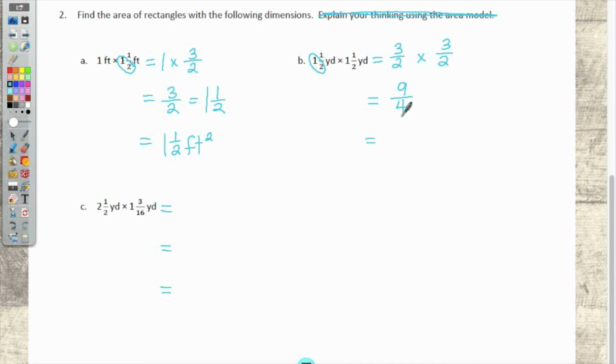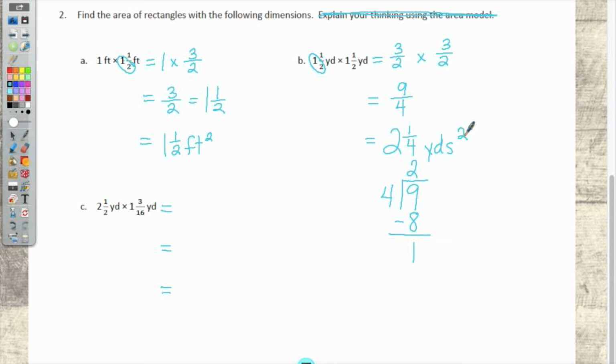Okay, the easiest way to figure out 9 fourths is to do 9 divided by 4. Everyone write it down unless you can do that in your head. 4 times 2 equals 8, right? So my answer, yards square.